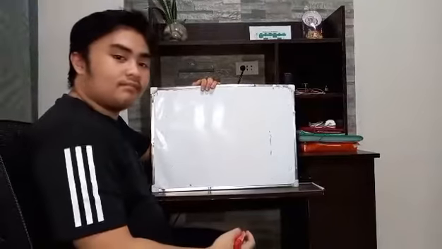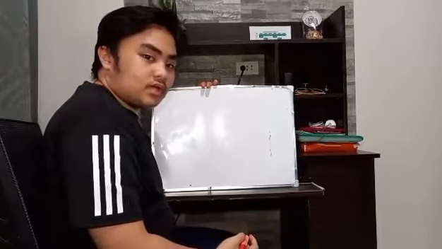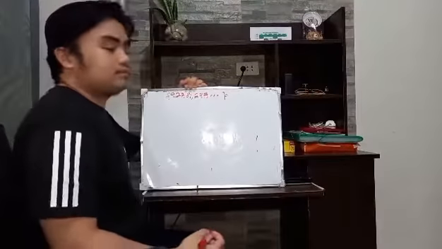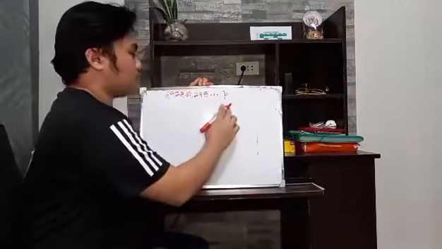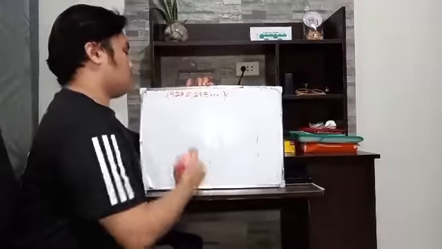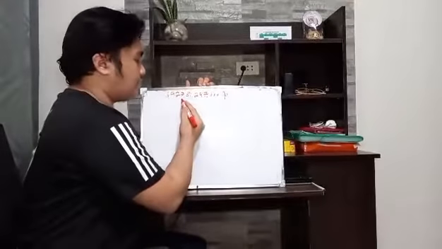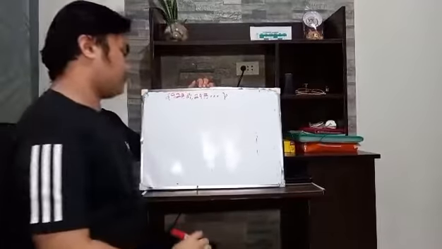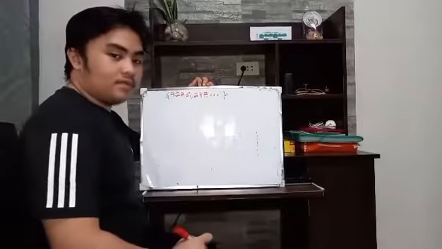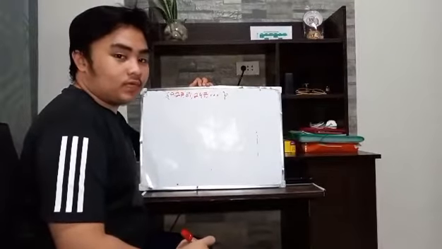Let's have an example for us to solve a geometric sequence. Okay, so we have the sequence 9, 27, 81, 243, and so on. The first step is to write the formula.